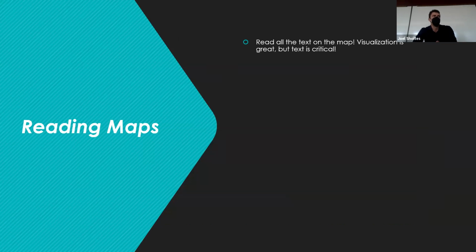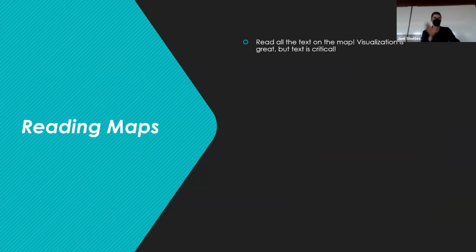So when you think about reading maps, maps typically come with text, some kind of information to orient the user, the viewer. Visualization is obviously the most important thing, but we also need some good information. Where did the data come from?